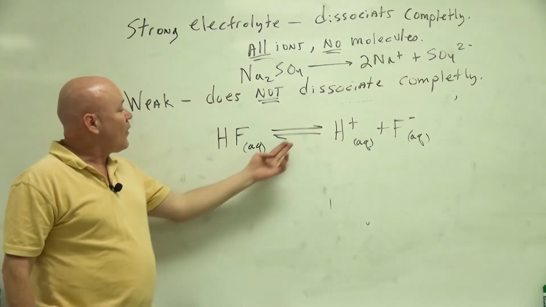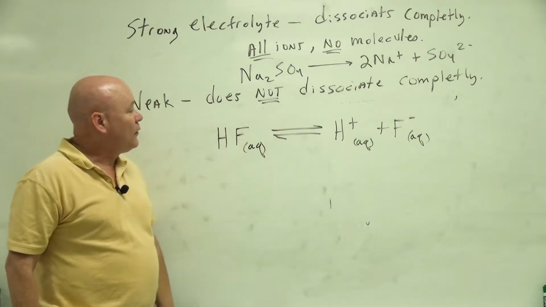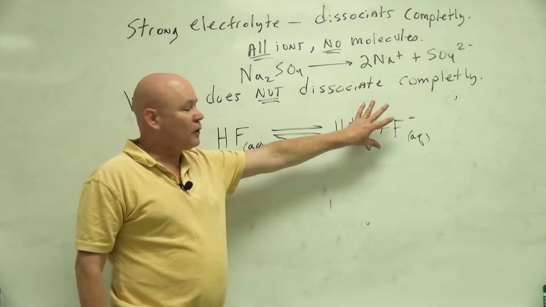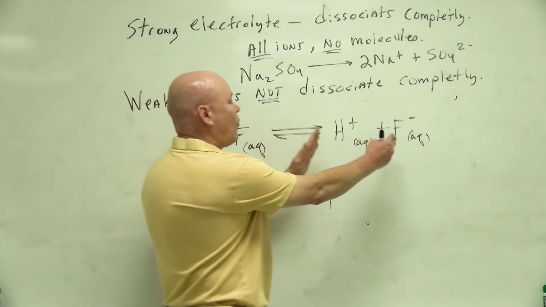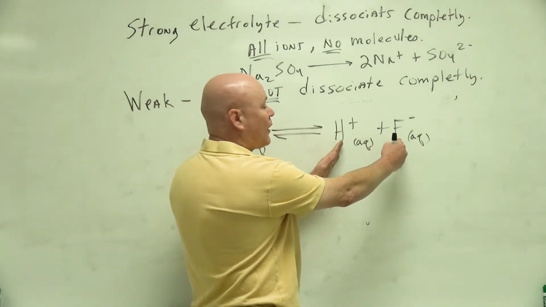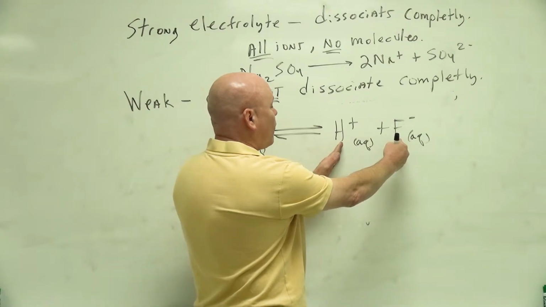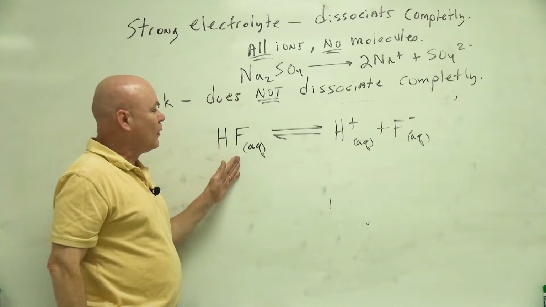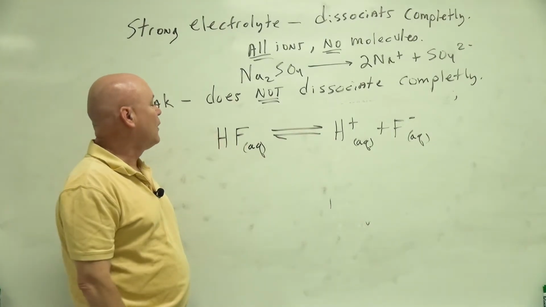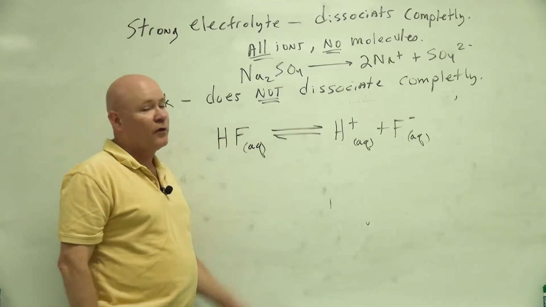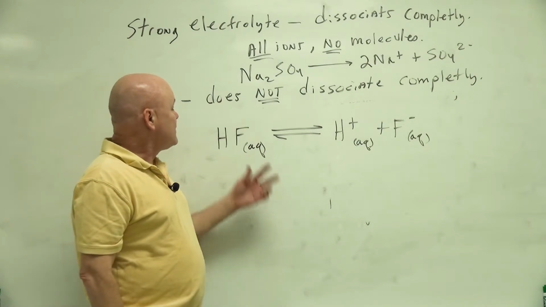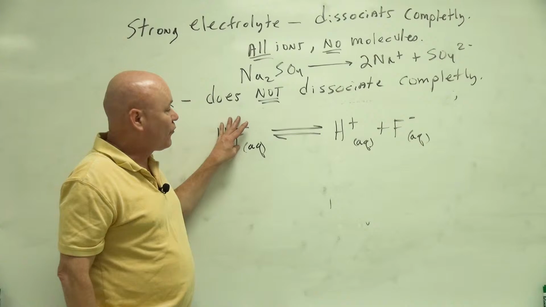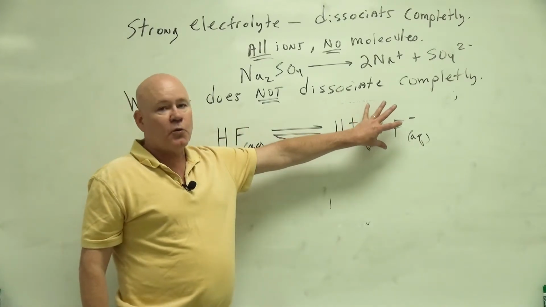Now, if I have 2 arrows, what it means is that as you form the product over here, as they dissociate to form the hydrogen and the fluoride ion, they will also recombine and go back the other way to the original molecule. Now, in this particular equilibrium, because that's what that means when you have a double arrow, this is going to be mostly molecule that's dissolved with few ions.